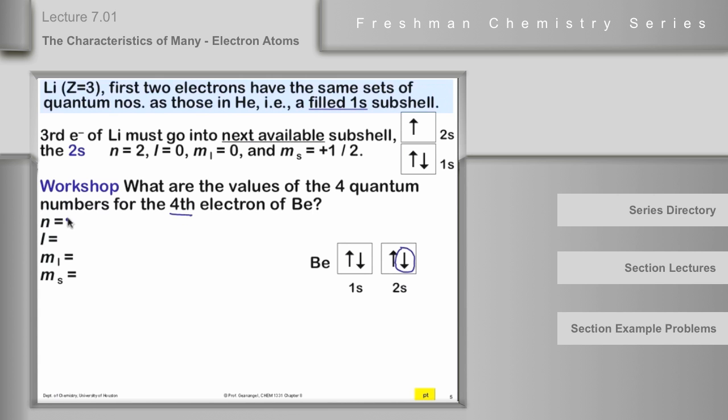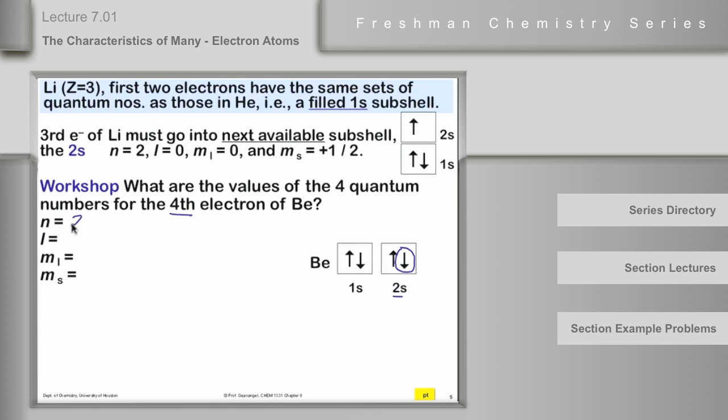First of all, what's n? N is the shell, and this is the second shell, and so n will be 2 because we filled up the first shell with the 1s. Okay?